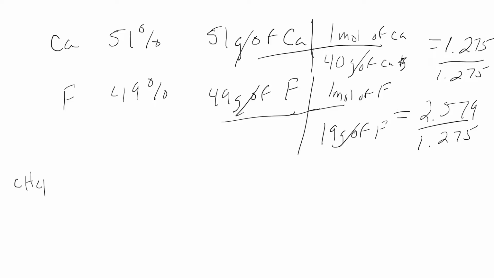Essentially, we know that calcium in this case is going to be 1. We don't need to write it. It's already understood. But 2.579 divided by 1.275. What we're left with.